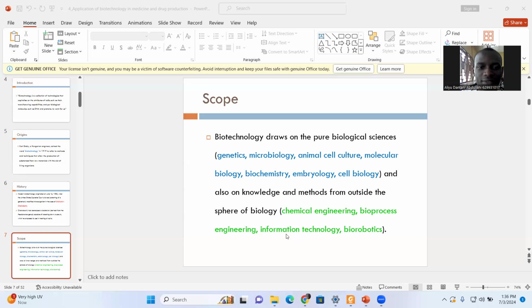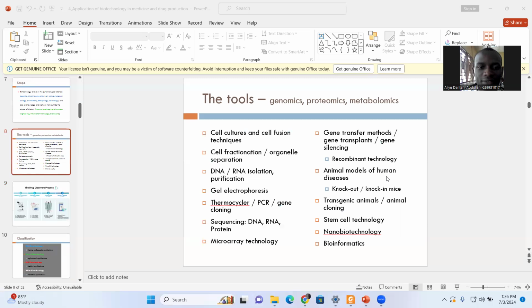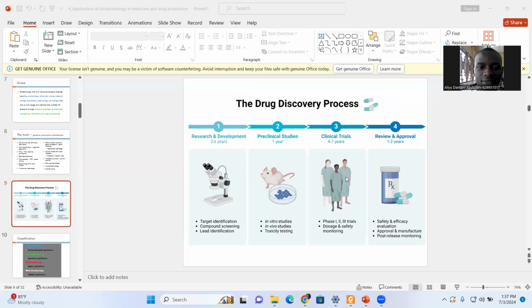Information technology, especially bioinformatics. The tools, of course. We're familiar with some of these tools: electrophoresis, DNA and RNA purification, cell cultures, sequencing, microarray technology, which is popular in cancer research, bioinformatics, nanobiotech, stem cell technology, and animal models of human diseases.